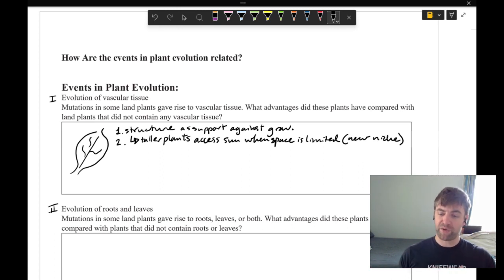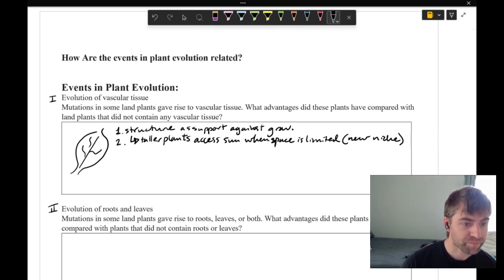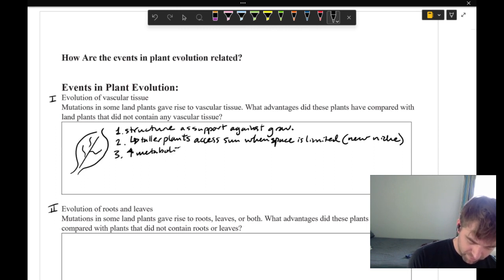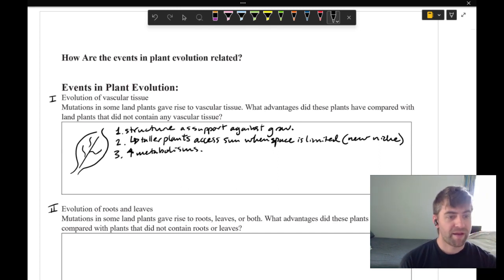Moving into a new niche where there's less competition is one way that organisms can overcome adverse conditions. As a result of this more access to sun in new niches, these plants could also have higher metabolisms. And these faster rates of metabolism could lead to additional growth, which can give you better height, bigger size.